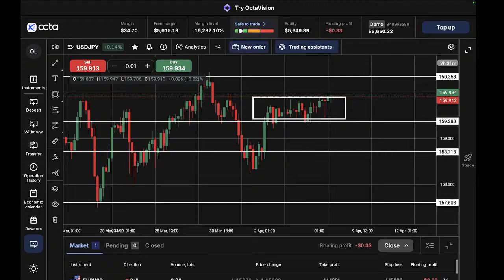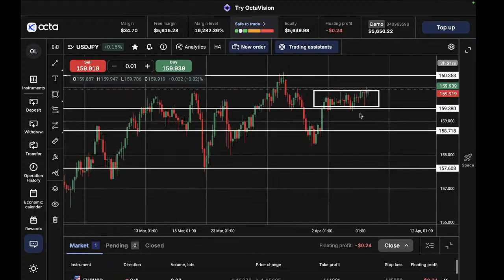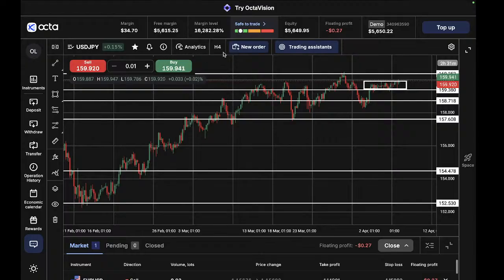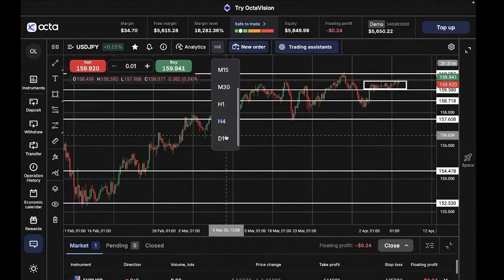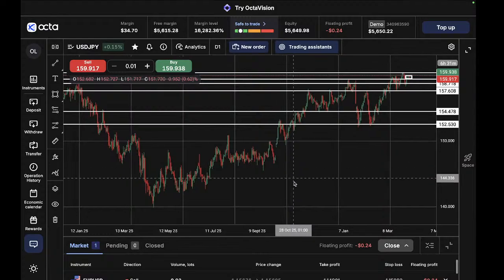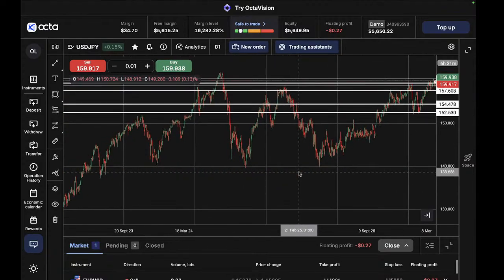So, as you can see here now, the price is already at the tip of the ranging box. So let's see. What's more or less the potential upside? If we're going to take a buy position, I want to know the potential upside.